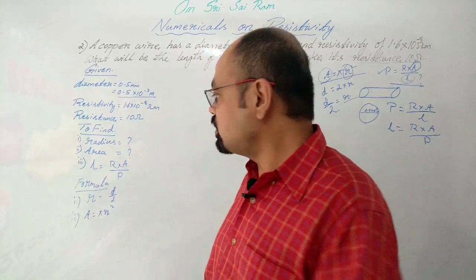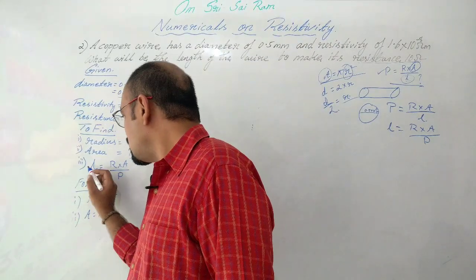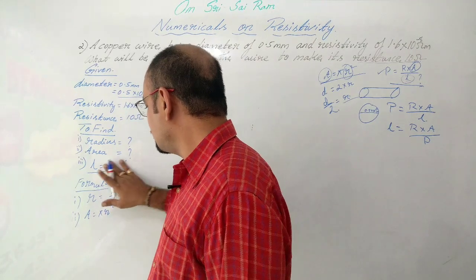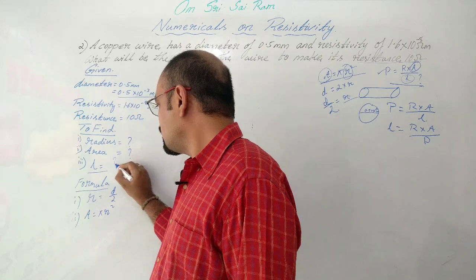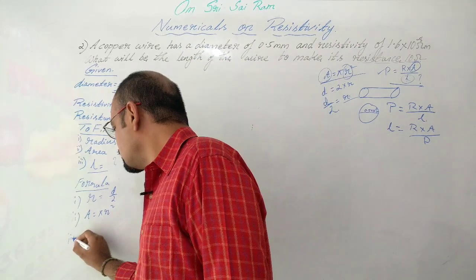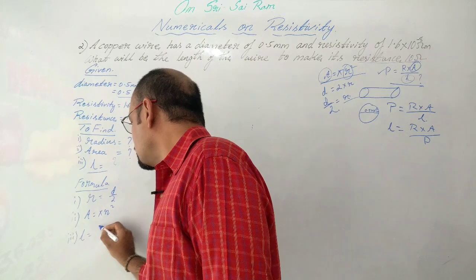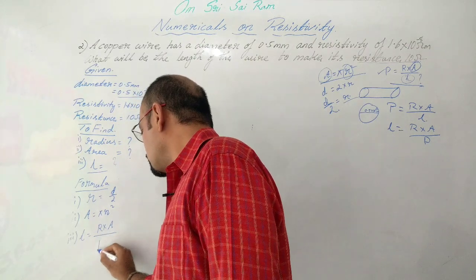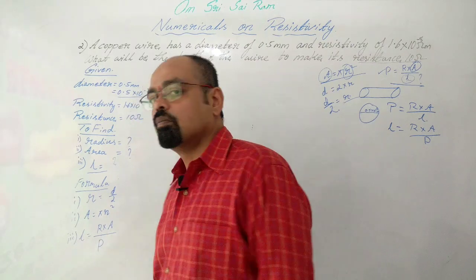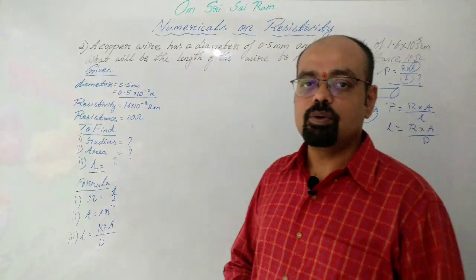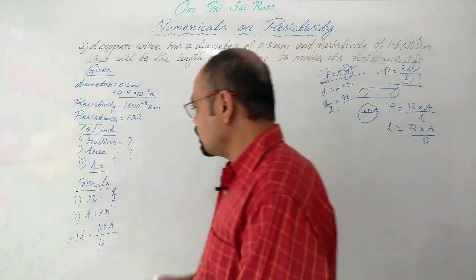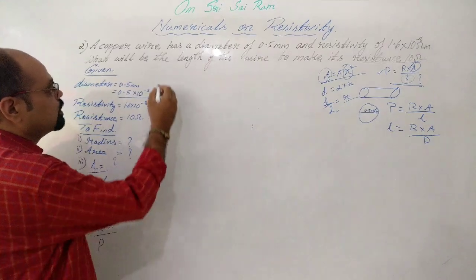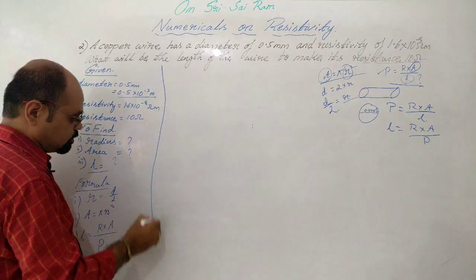And for length, what we have to find, we can write L is equal to question mark, and the formula L is equal to R into A by rho. So this is what we are going to find. Now these are the formulas. So let's start finding one by one. Let's move to the solution.